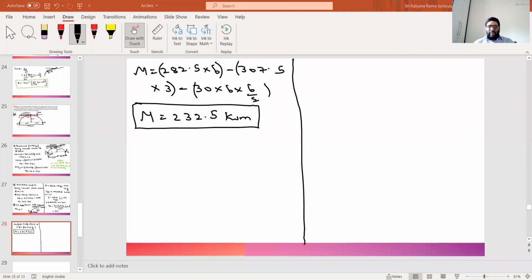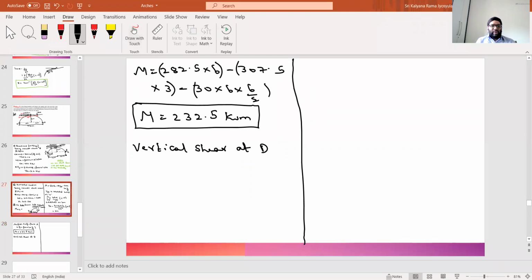Then we need to calculate vertical shear. So what is vertical shear? Vertical shear at D, this is the fourth step. V_D is equal to the shear force. I'll sketch it here.